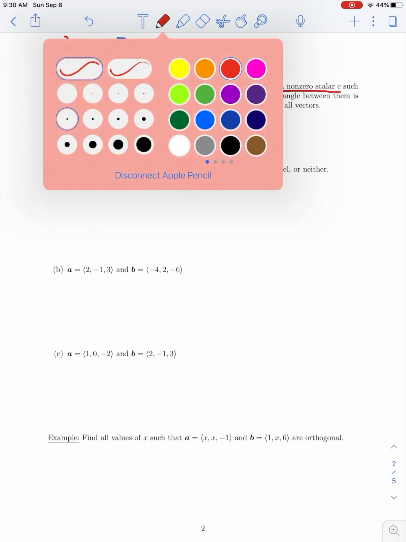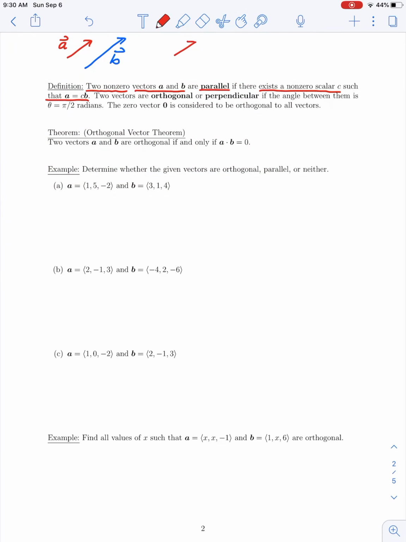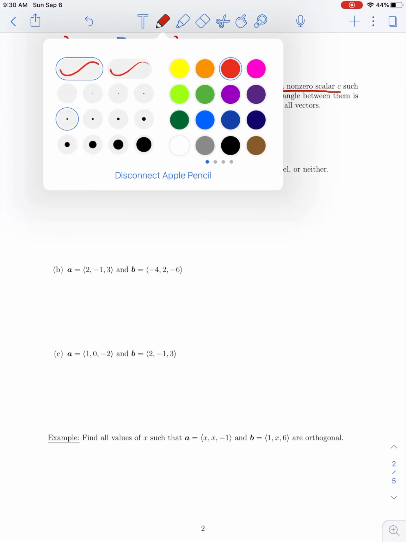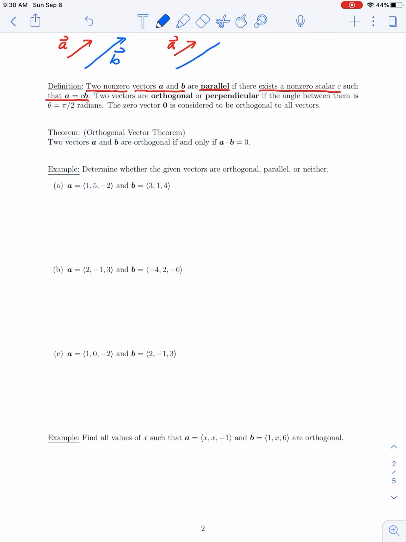Or maybe they would be parallel if they have different lengths, but maybe they're pointing in the exact opposite direction of one another. But in either case, we see that this vector A or the vector B is some scalar multiple of the other.